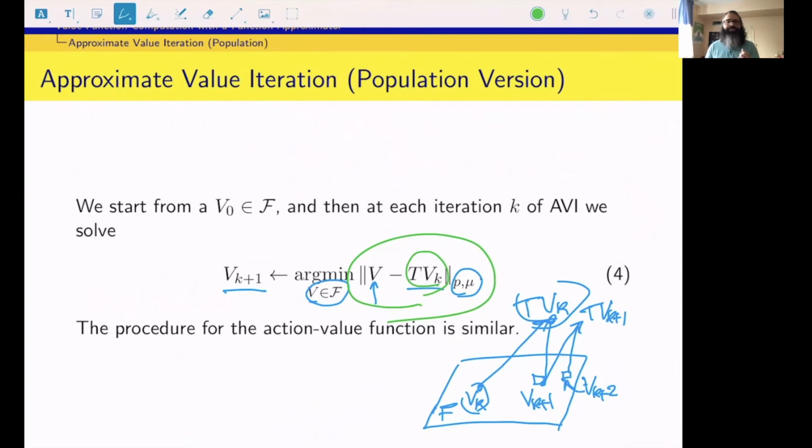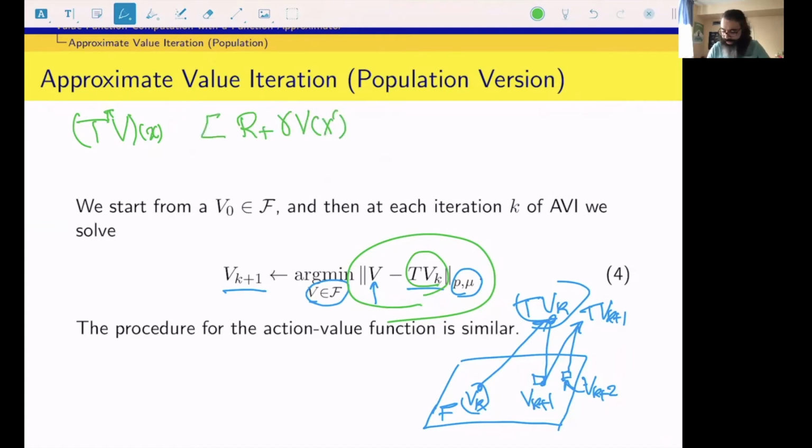Recall that in Q-learning or TD methods in general, we substituted T pi of V at x with a reward plus gamma times V of x prime, where x prime comes from the model.